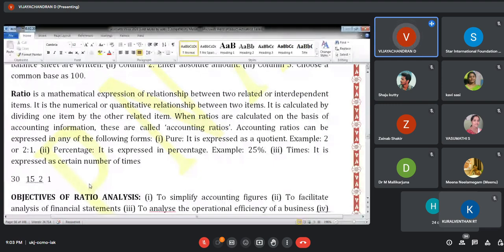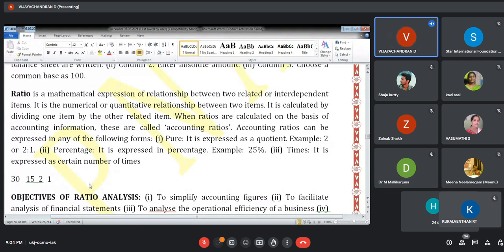So again, I'm telling, one is the profitability ratio. The second one is the turnover ratio. The third one is the solvency ratio. The profitability ratio is based on the profit earned by the company.